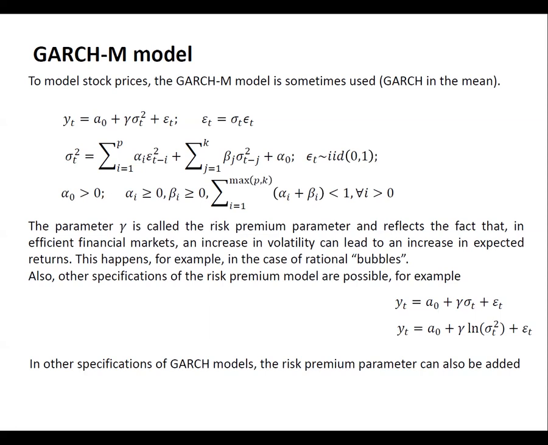And also, again, here this construction can be easily modified. That is, other modifications of the risk premium are possible. For example, multiply gamma by sigma rather than sigma squared, or gamma by the logarithm of sigma squared. That is, again, this construction can change many times. So that's all. There are quite a lot of other variants of GARCH models.